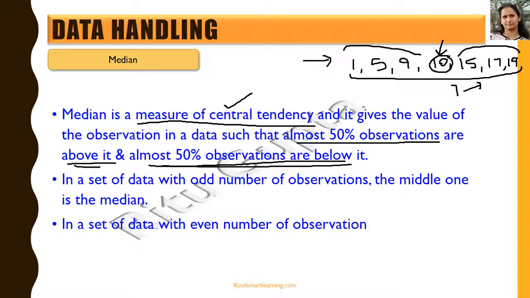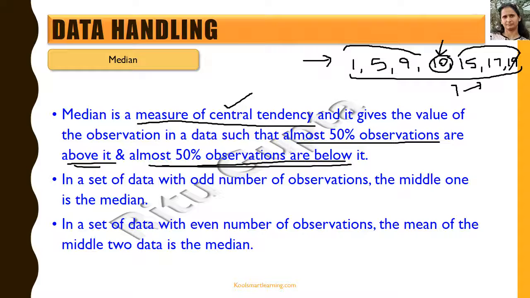But what if we have an even number of data? Say for example, we don't have this 19 and we have only 6 data. Now in this, because there is no one central observation, what we do is we take the two central observations, which are 9 and 10, and we take the mean of that, which becomes 9.5.